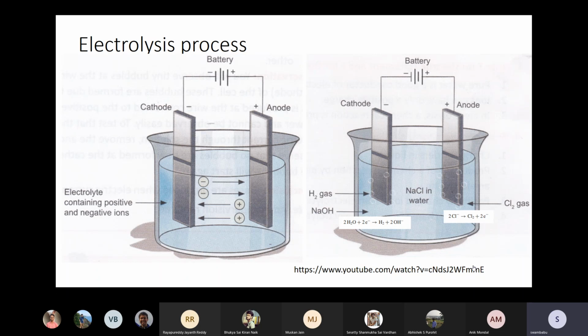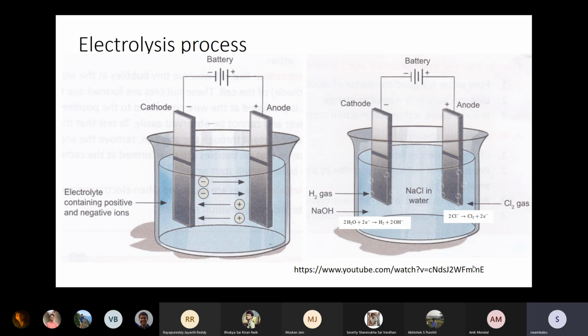Whenever you dissolve any salts like sodium chloride, magnesium chloride, or calcium chloride, the salts upon dissolving are split into individual ions. Suppose you dissolve NaCl, you will have Na plus ions and Cl minus ions in the water.